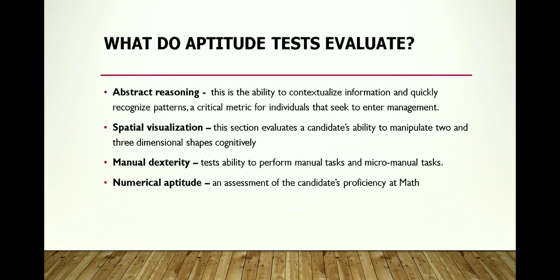Abstract reasoning is the ability to contextualize information and quickly recognize patterns, a critical metric for individuals that seek to enter management. And next naman po is spatial visualization. This section evaluates a candidate's ability to manipulate 2 and 3-dimensional shapes cognitively. So next we have manual dexterity.